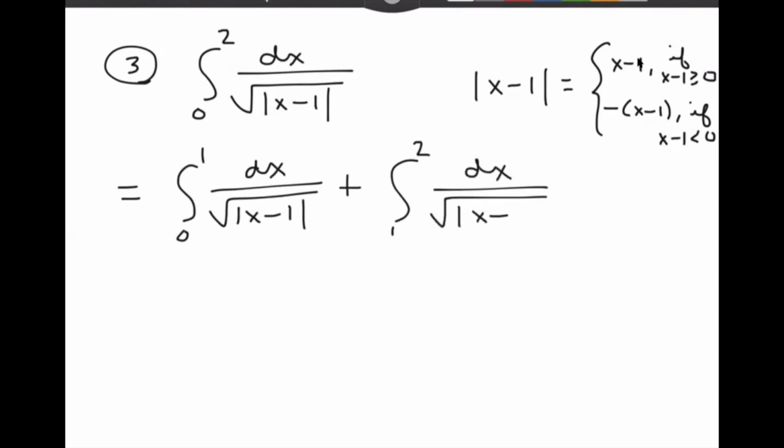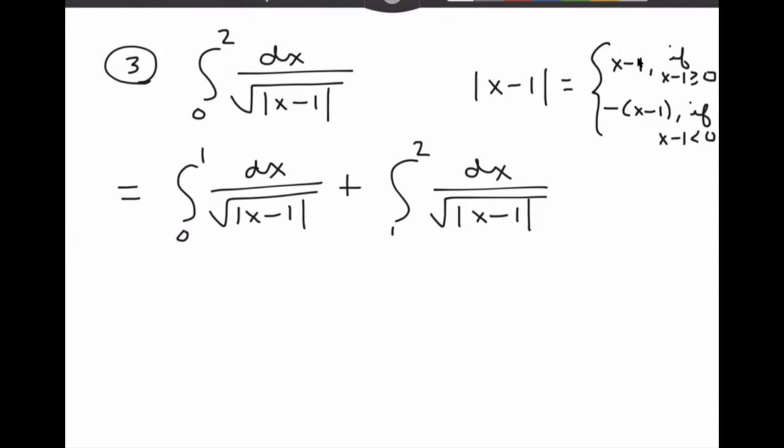All right, and now since that's broken, it lines up with that piecewise definition. So let's start with the second integral.